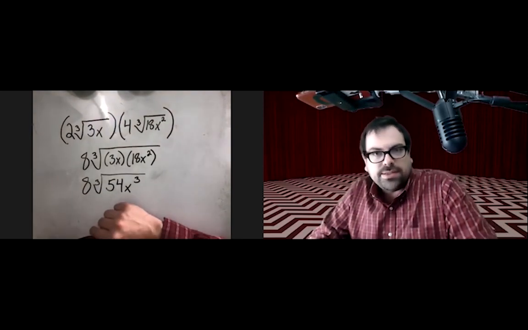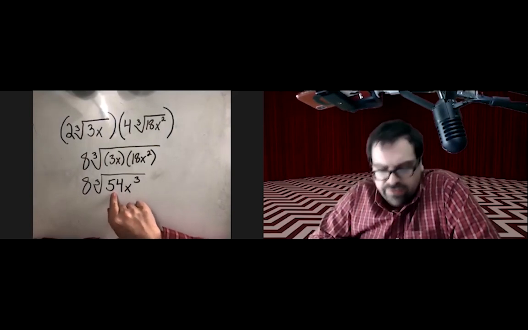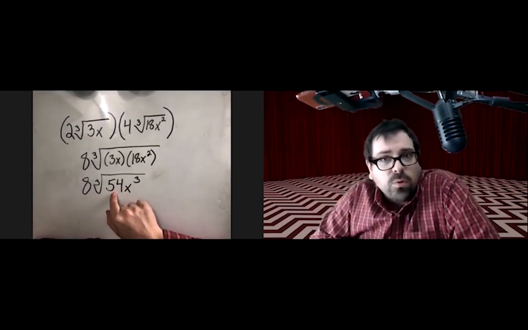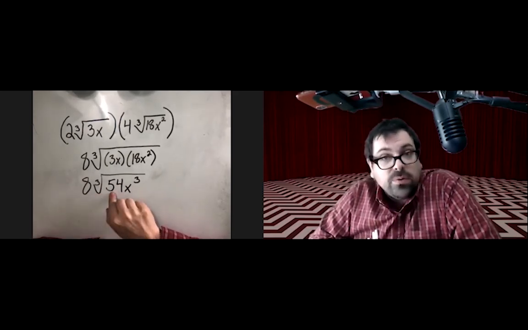So pop quiz. Do we look for perfect square factors of 54, like 4, 9, 16, and 25 here? No. If it was a square root, that is exactly what we would do.